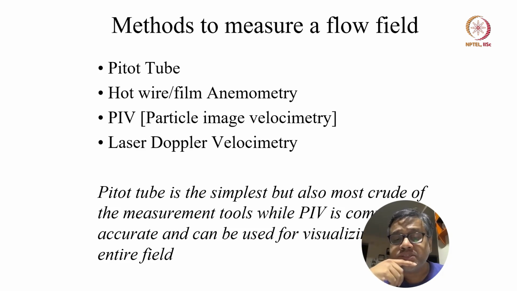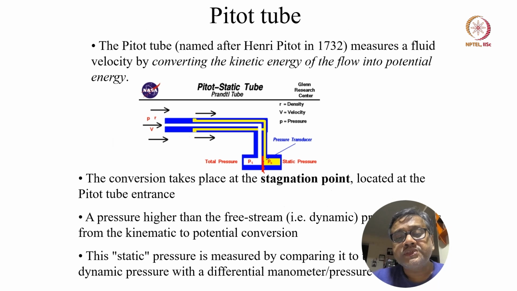Hot wire anemometry will be similar in terms of spatiotemporal resolution compared to an LDV, because here also we have a measurement volume, but the principle is completely different, as we will see very shortly. Okay, so let's start with the pitot tube.